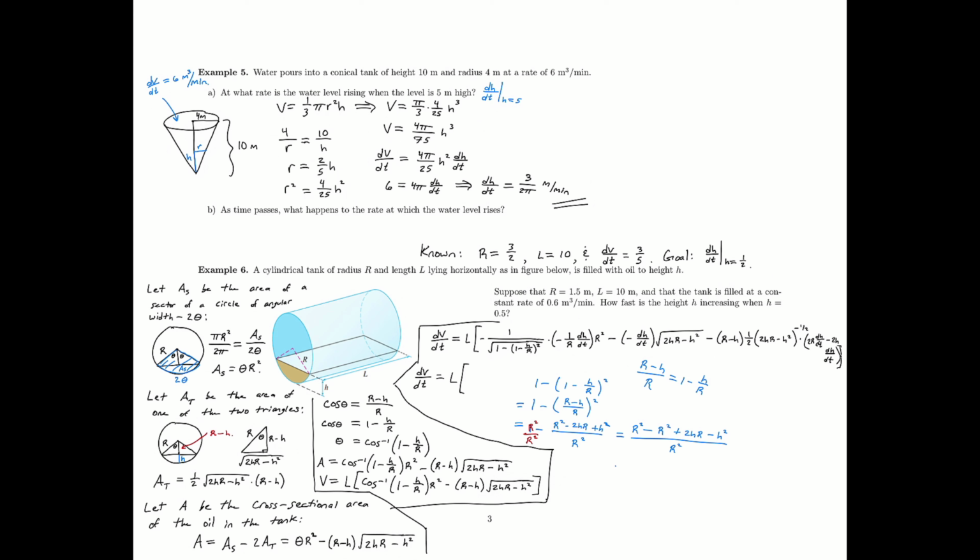That looks better. All of that, those two things cancel, and we're left with 2hr minus h squared all over r squared. Now that's what this entire square root in the bottom turns into.